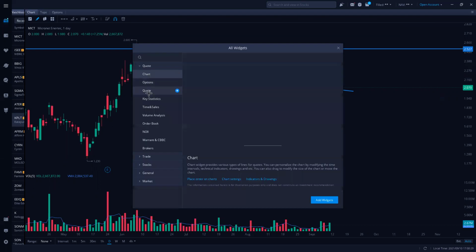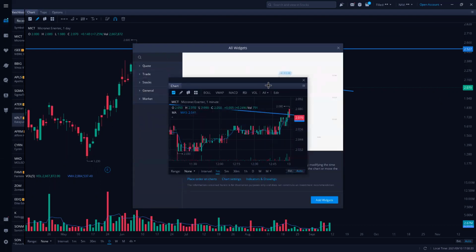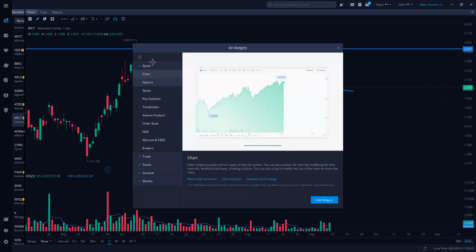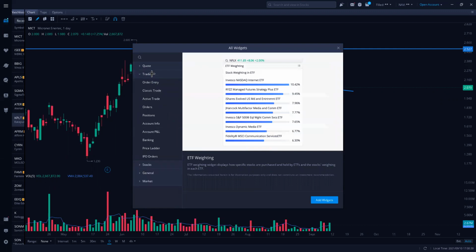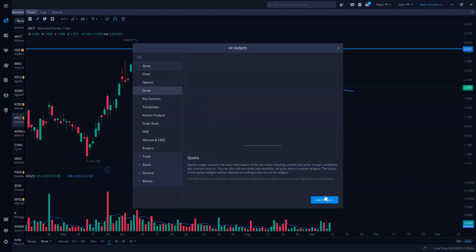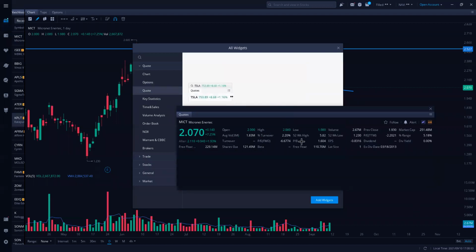Oh, it's quote. Here it is. This will tell you the high of day, volume. I had that open, but it doesn't show me the float unless I click more. Yeah, if you click more, it gives you the free float. It should be right there.